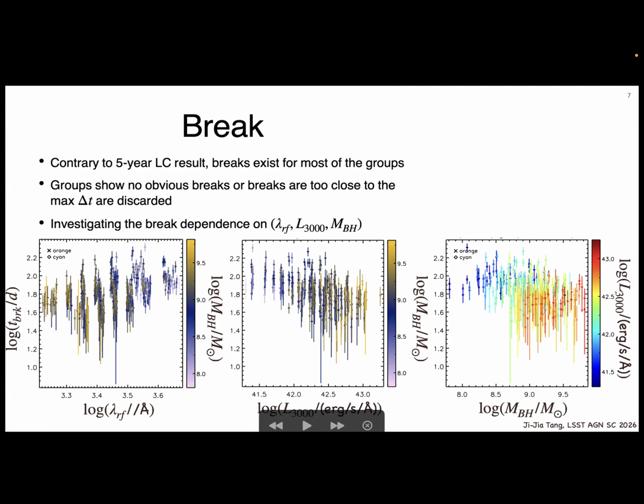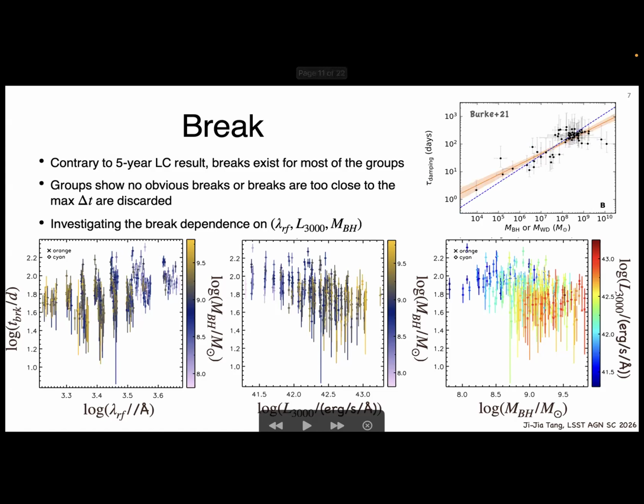If I show the breaks against physical parameters like the rest-frame wavelength, luminosity, and black hole mass, it seems like there are some correlations. And this is consistent with what Colin found in 2021. If we only look at the most massive part of this data, our measurements are consistent.